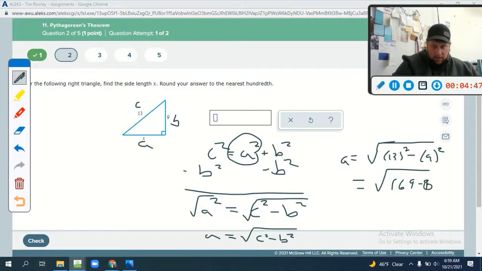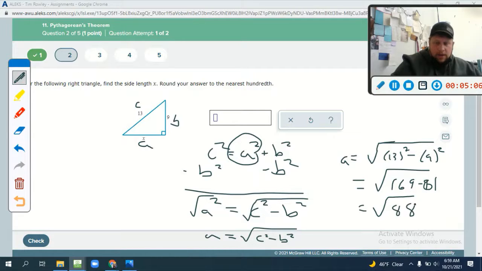And what's 169 minus 81? 88. So this equals square root of 88.